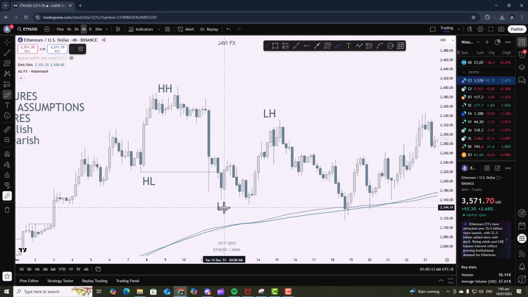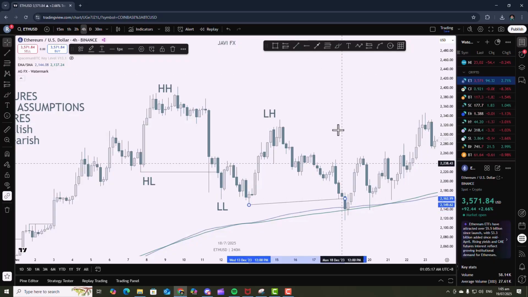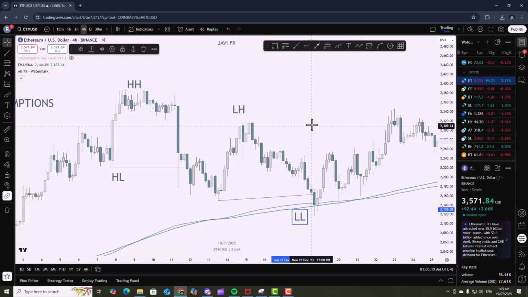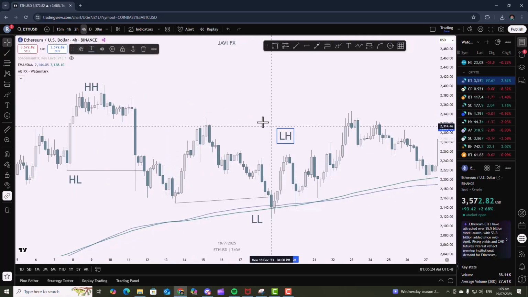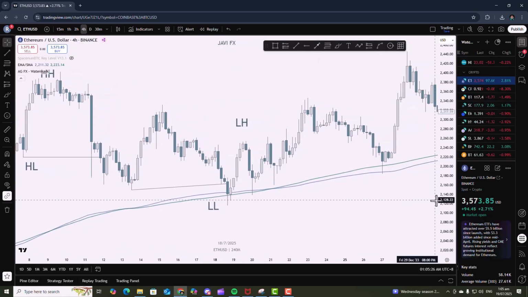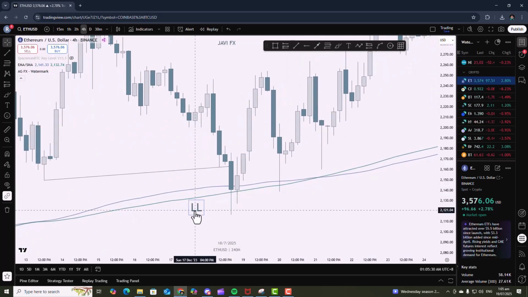Okay. And now, we made another lower low. Okay? This should be the lower high. So, can you tell me, is this a lower low?